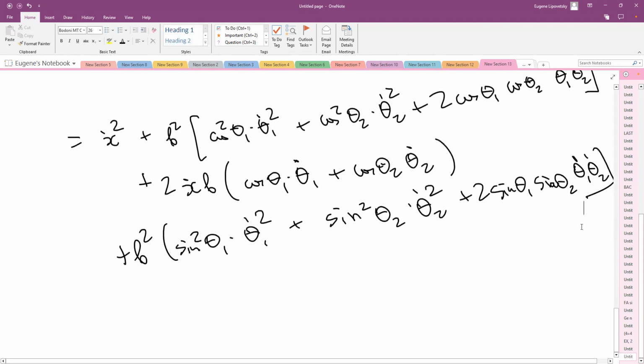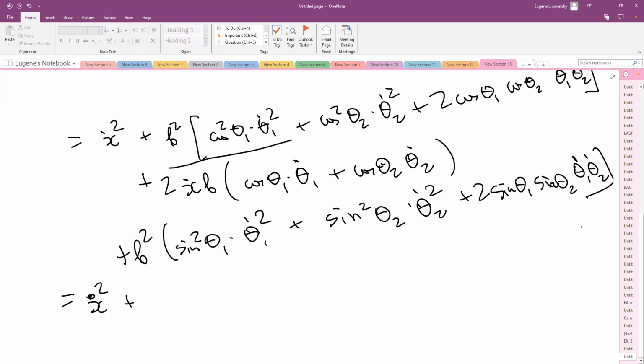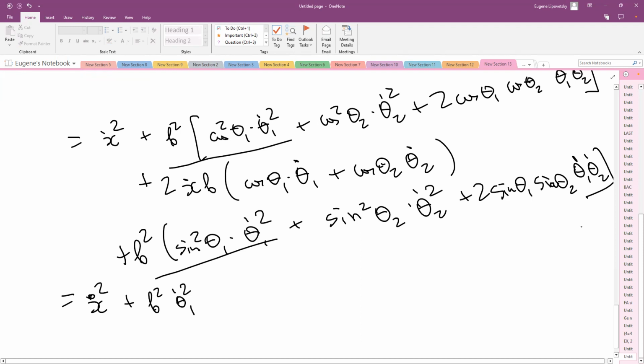Now we'll combine whatever we can to simplify things. X dot squared stays there, plus, let's see, b squared cosine squared this, b squared sine squared this, that's going to be plus b squared theta 1 dot squared, that's 1.